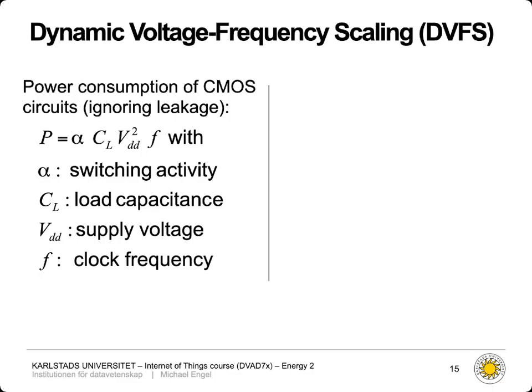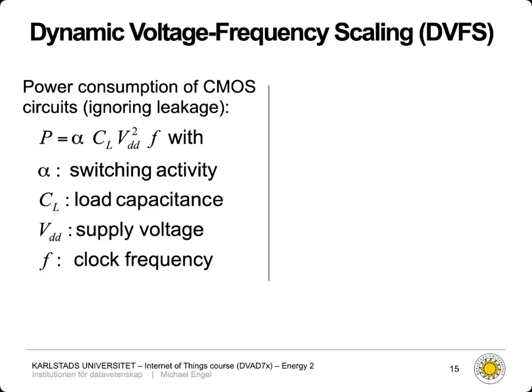The power consumed by a CMOS device is a switching activity factor alpha, multiplied with the load capacitance of your circuit, multiplied with the square of the supply voltage, and multiplied with the clock frequency. So essentially, the higher your clock frequency, the higher supply voltage you need to supply to your chip, and this means your power rises non-linearly.